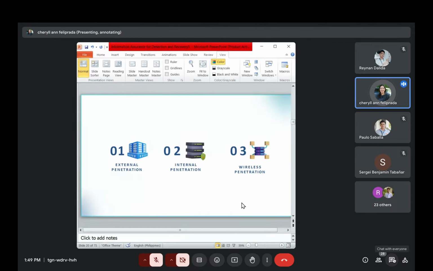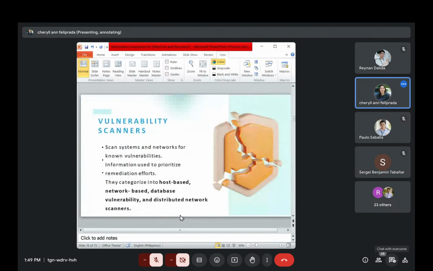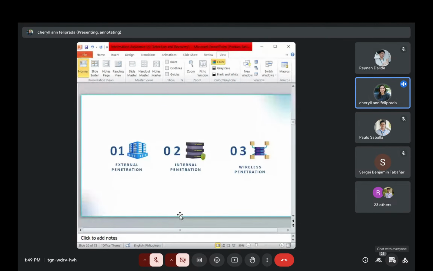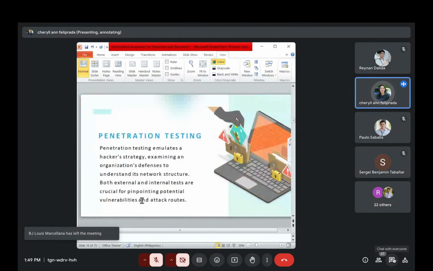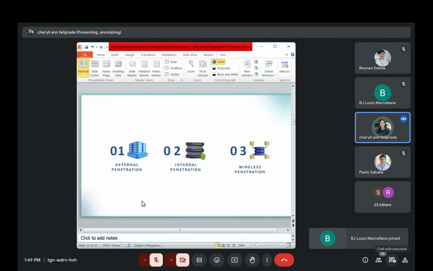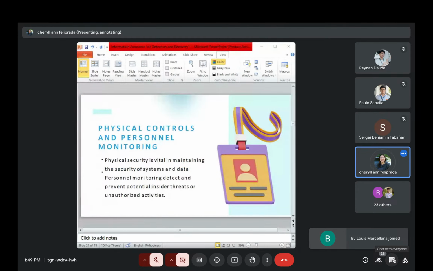So those are the tools. Now, penetration testing includes three kinds of penetration. We have the external, the internal, and the wireless penetration.